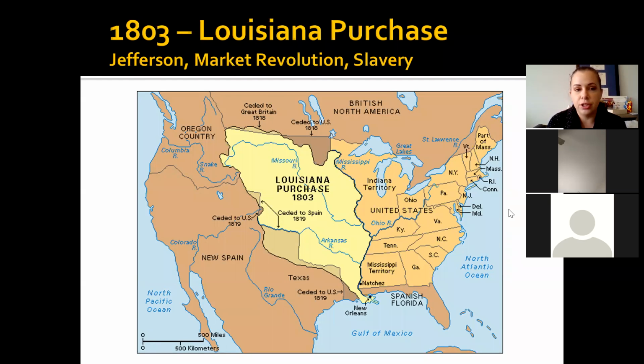Now, as a reminder, Thomas Jefferson is a Democratic Republican. He is from Virginia, and he believes in the agrarian future of the United States. What this means by his agrarian vision is that he sees the United States as being a country defined by farmers and run primarily through farming.